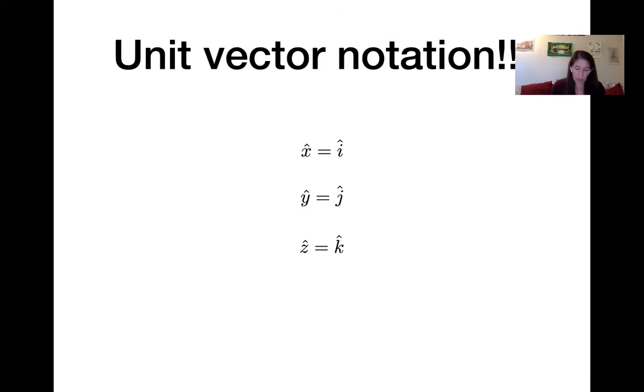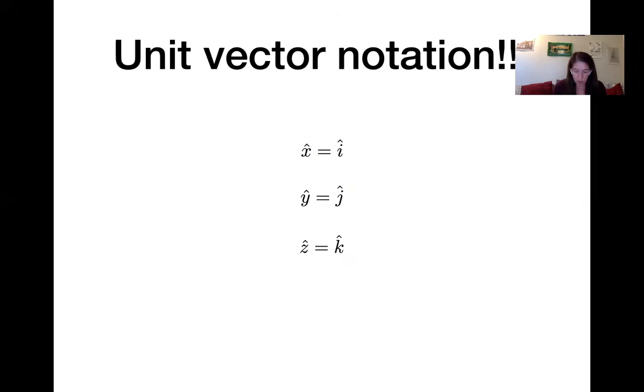One very important thing I want to mention about notation is depending on what book you're looking at or who you're talking to, some people will always use X hat, Y hat, and Z hat, and other people will use I hat, J hat, and K hat. And they mean exactly the same thing, at least in this class. So I sometimes, unfortunately, go back and forth between the 2 because both feel so natural to me at this point.